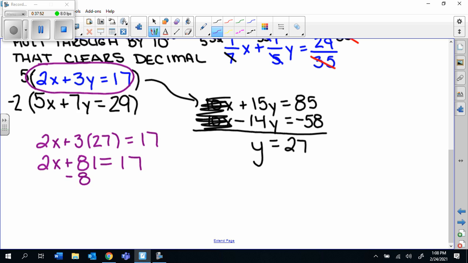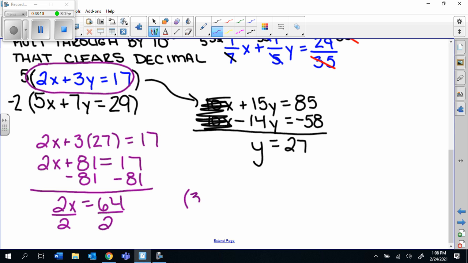Take that 81 to the other side. 17 take away 81 is -64. Divide by 2. Divide by 2. And we get 32, comma 27. So x is 32.